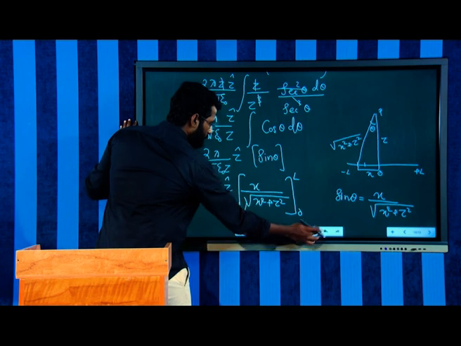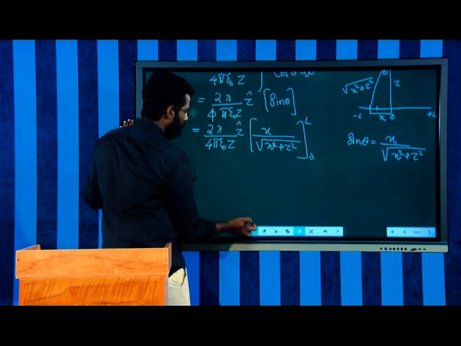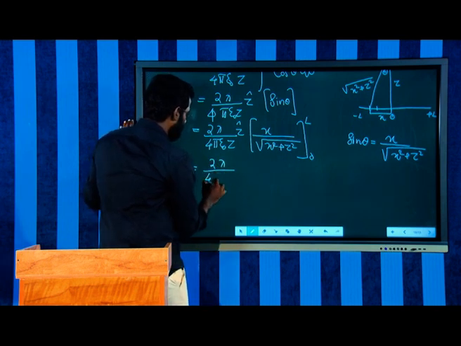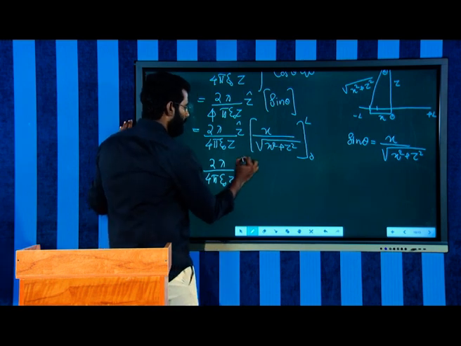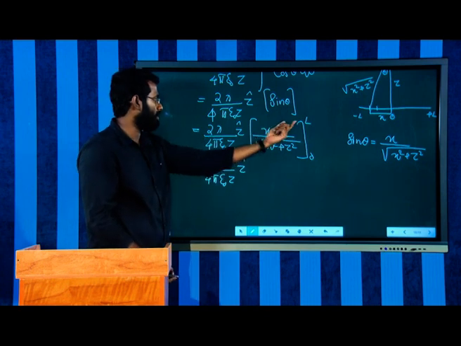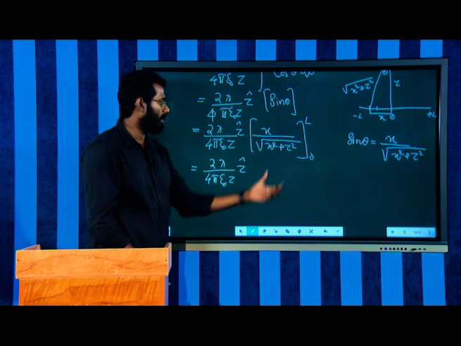We get 2 lambda by 4 pi epsilon 0 z into z cap into, now let us give the upper limit. When we give the upper limit, this becomes L divided by root of L square plus z square.